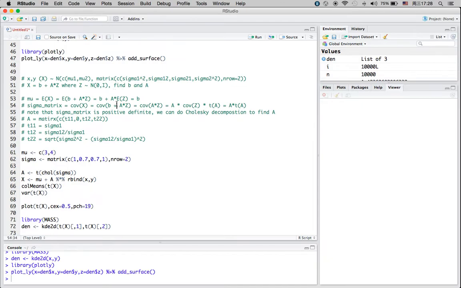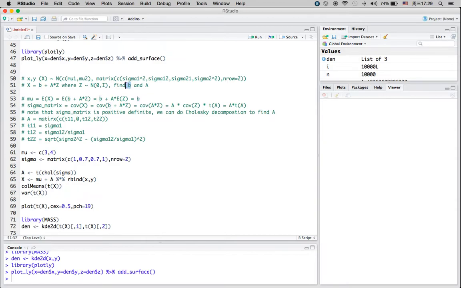Okay, so let's find the expectation of our new variable, which is b plus A times Z, and we can see that since the expectation of Z is 0, our mu should equal b. So we can just use mu as our vector b.